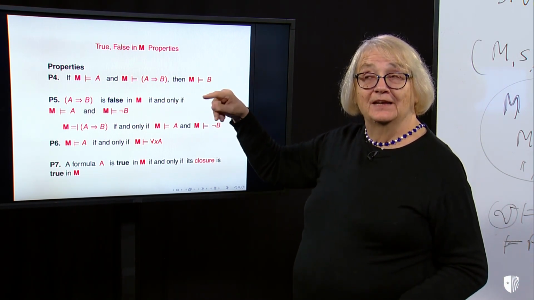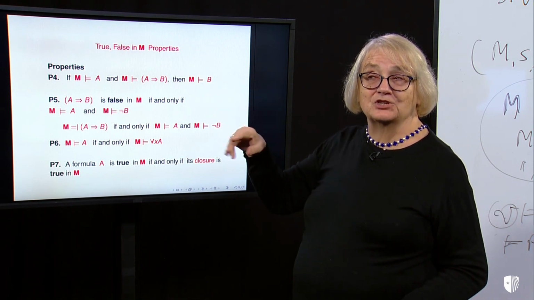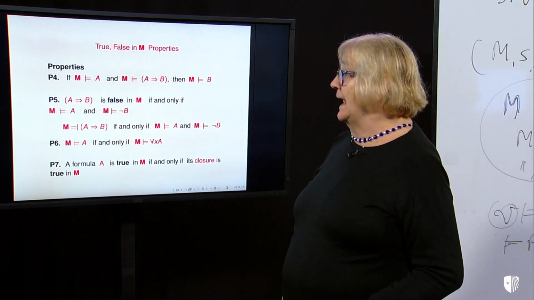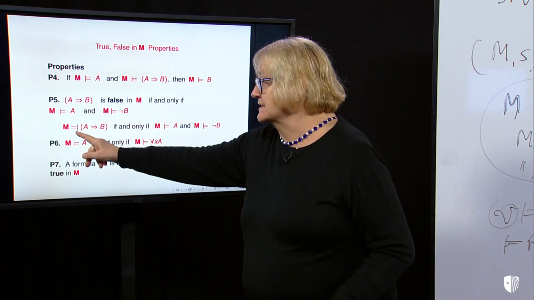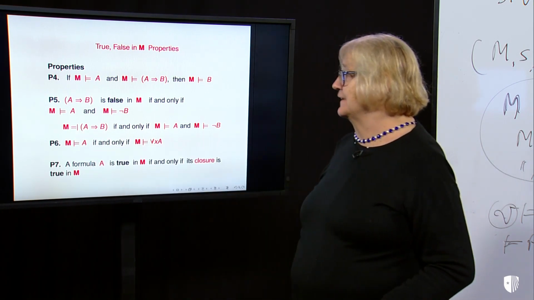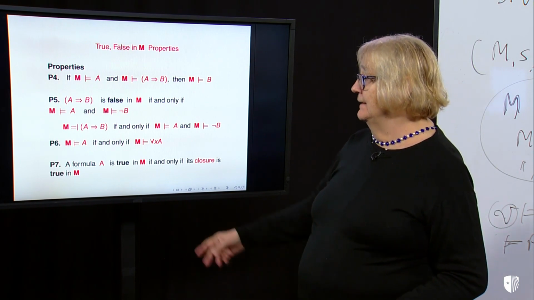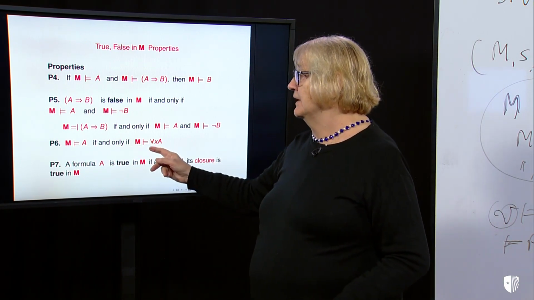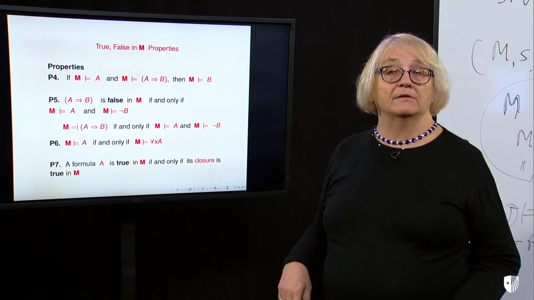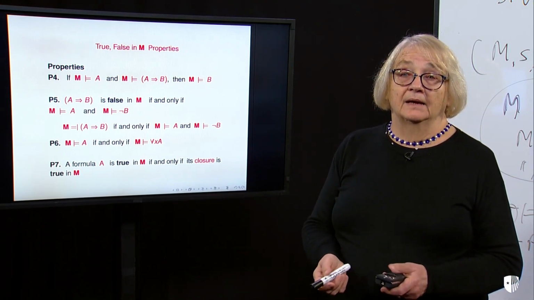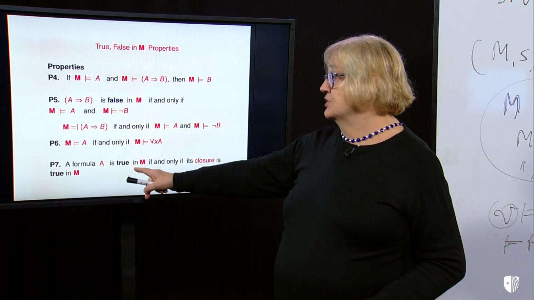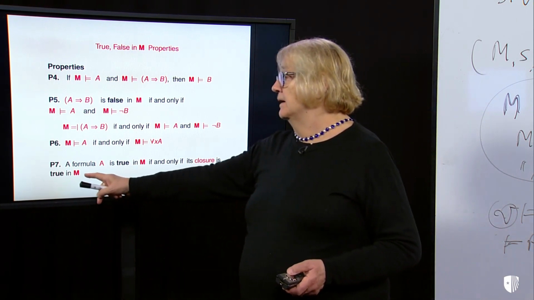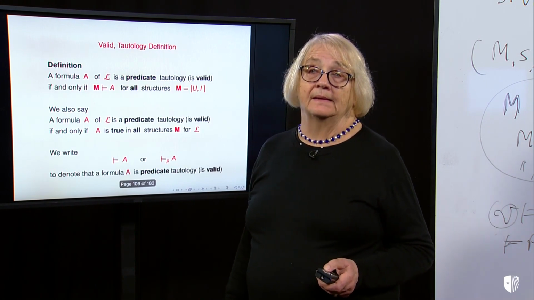So the negation of implication A implies B is A and not B, and this does not satisfy. And of course, M satisfies A if and only if you can put a quantifier in front. So it means that A is true in M if and only if the closure is true in M.